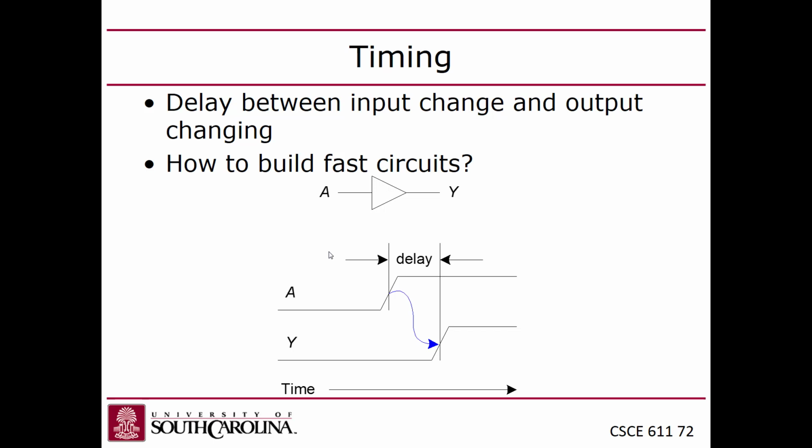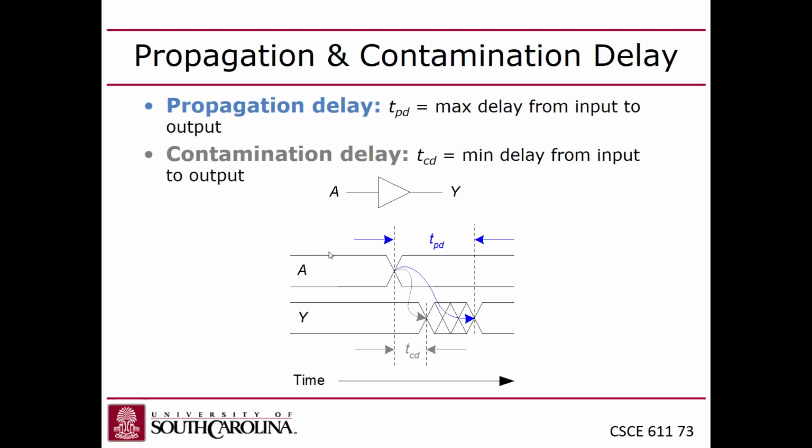There's also a contamination delay, which is the time before anything starts changing on the output. So if you have a gate and you change an input, there's a delay before anything happens, and then there's a period where the output is unstable, and then there's a time at which the output is stable.